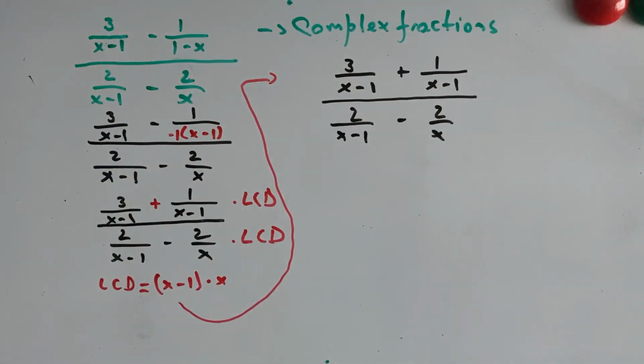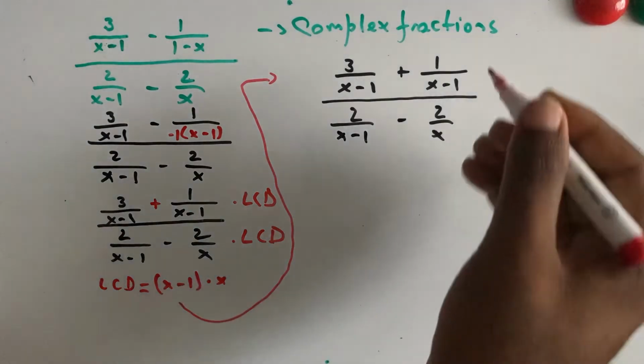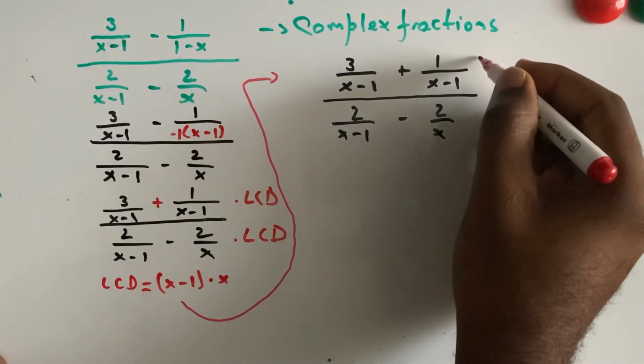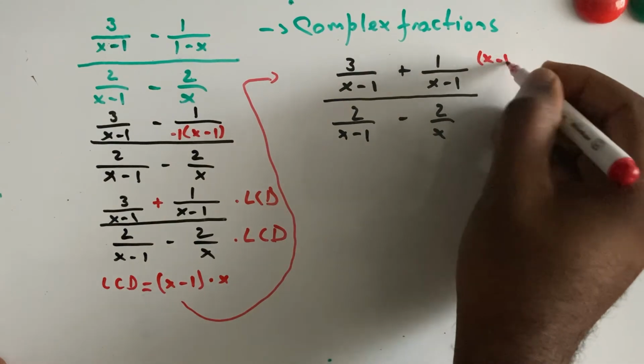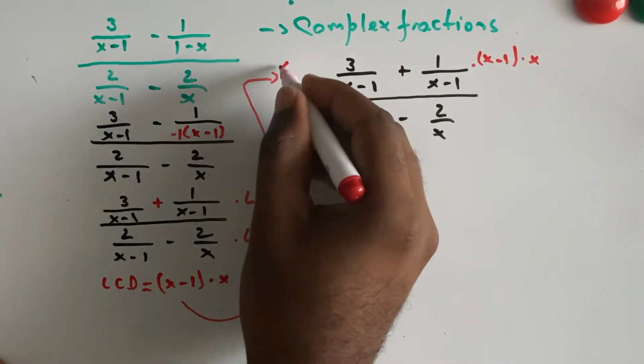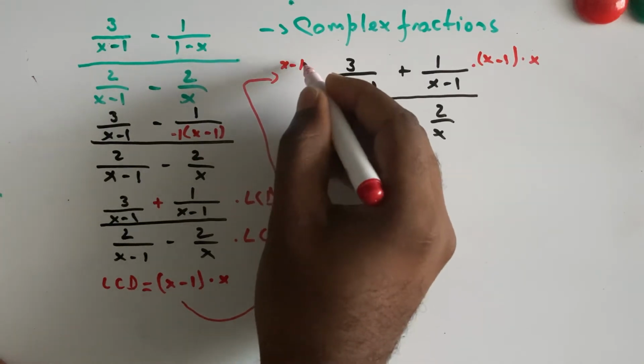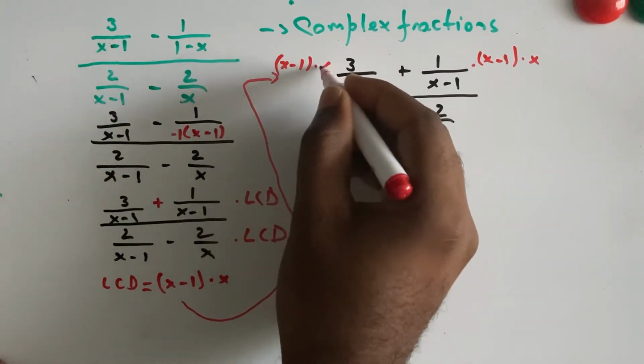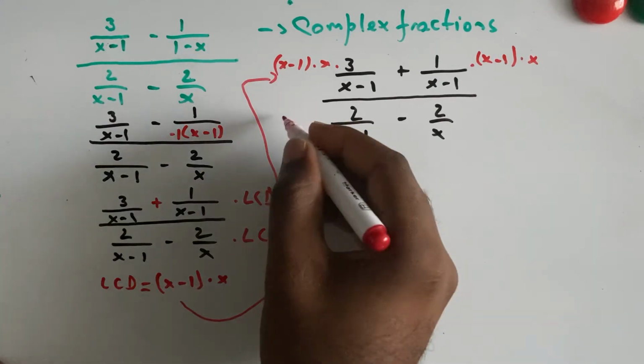Okay, so what I'm gonna do, I'll multiply everything by that LCD. So I'm gonna put the LCD here. X minus 1 times x times this. X minus 1 times x times this.